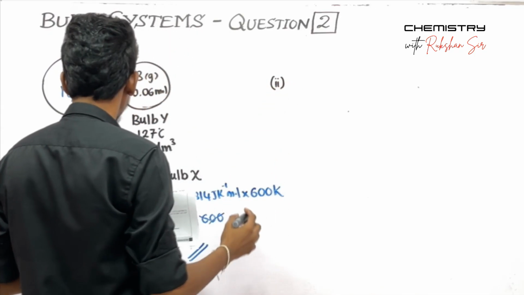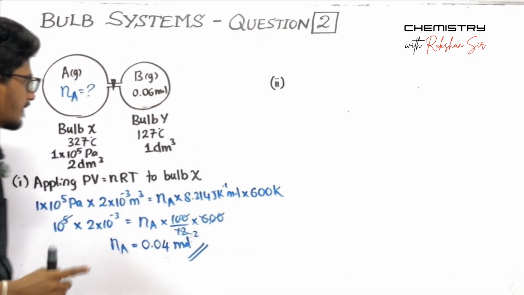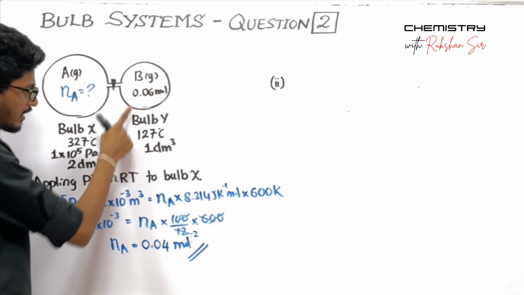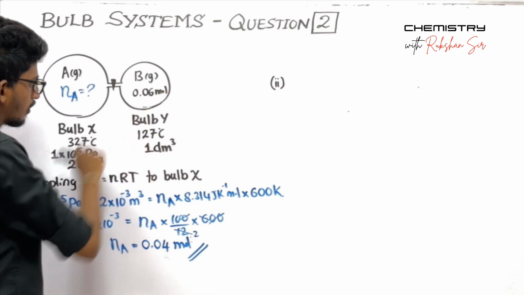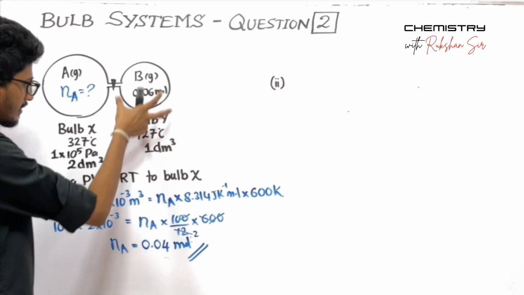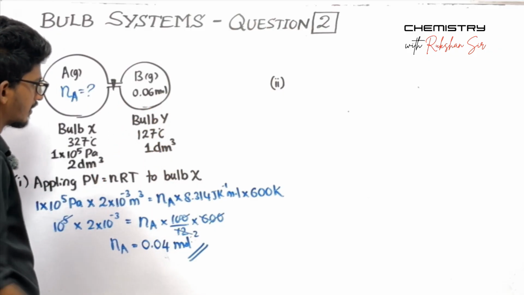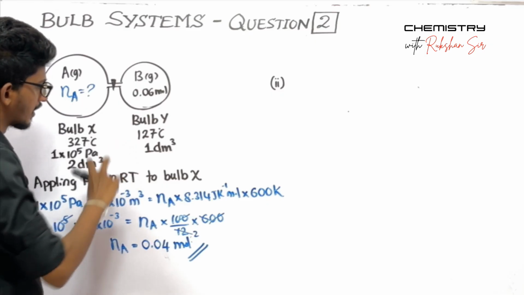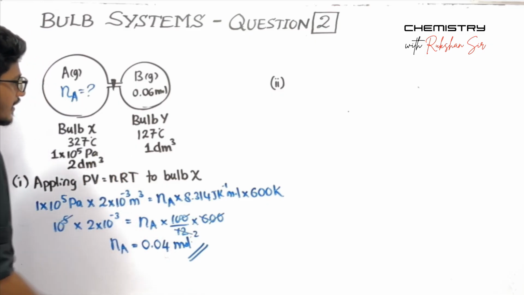Again with bulb Y we know 3 variables. n is known, T is known, and V is known. PV equals nRT is a 4 variable equation. When you know 3 variables, you can use it to find the 4th missing piece.